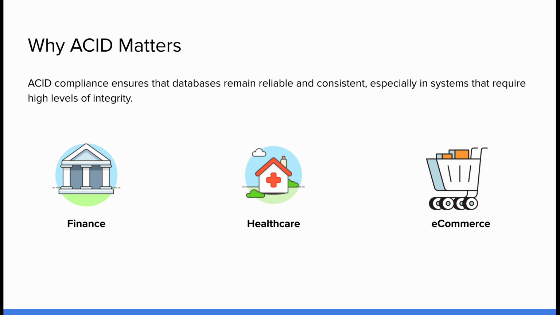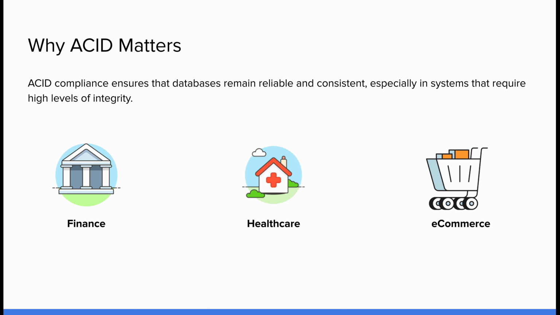In the e-commerce space, ACID properties are used to make sure that transactions like order processing or payment confirmations are reliable and consistent. So if a customer places an order, the system needs to ensure that the payment is processed successfully and the order is updated accordingly. ACID makes sure of that. So that's why it matters in that context too.